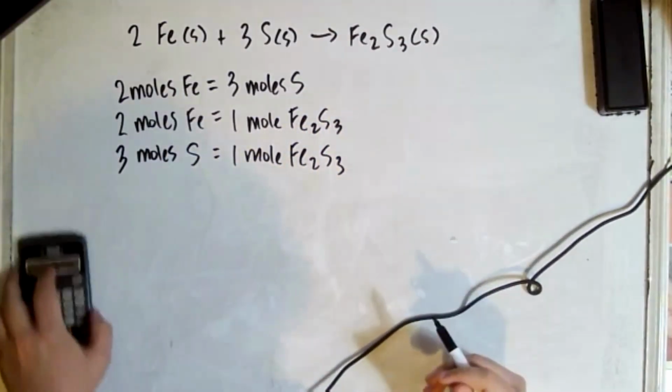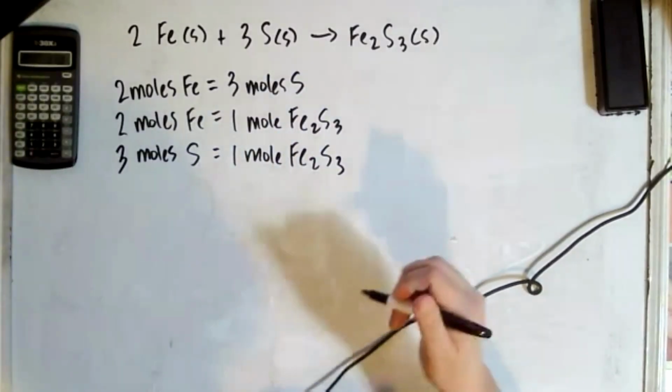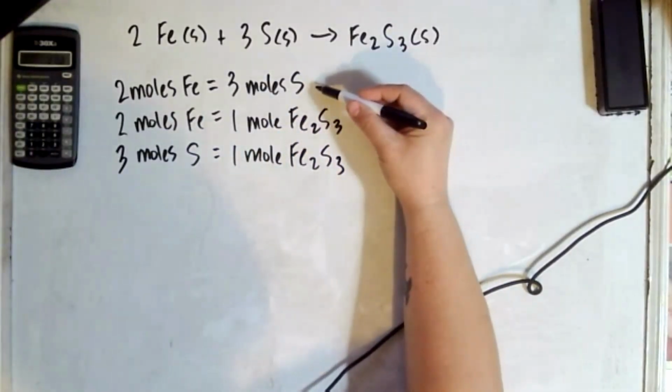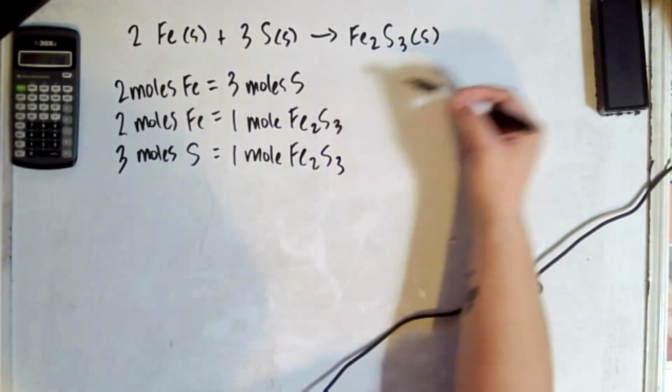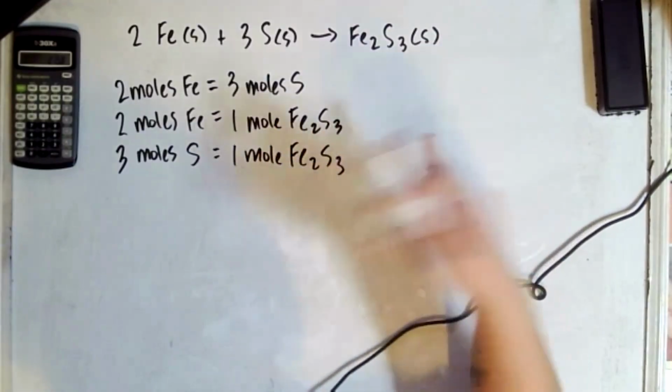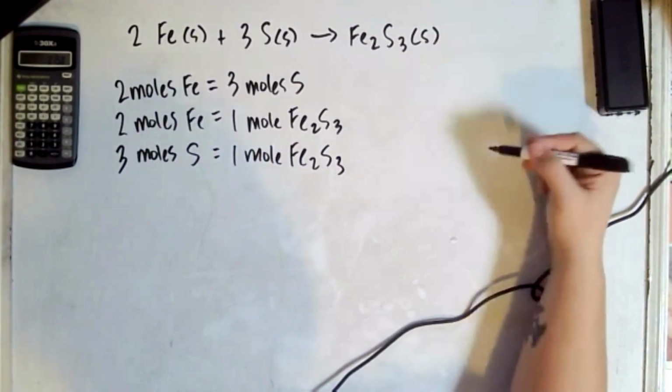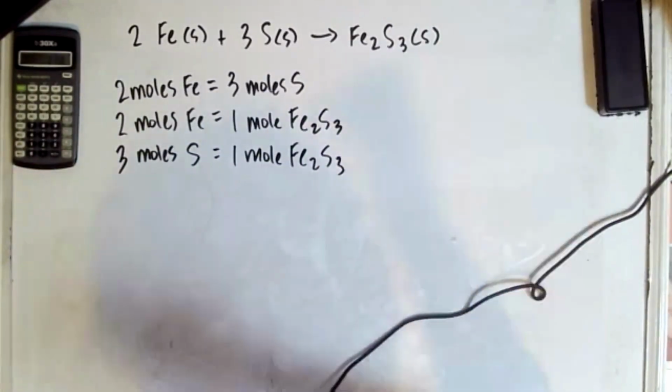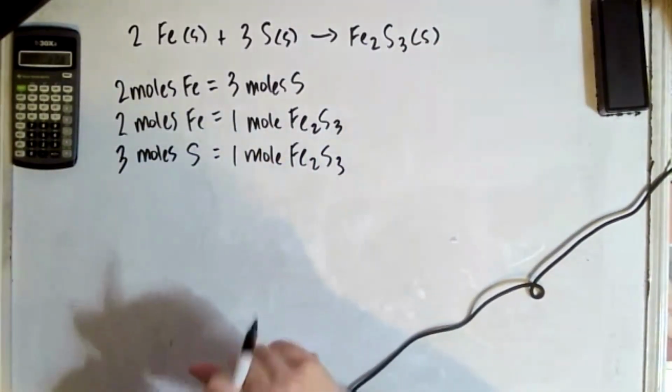And these equalities are where those conversion factors come from. Because then we can take these and set up our conversion factors with moles of Fe on the top and moles of sulfur on the bottom, or we can switch it, moles of sulfur on the top and moles of Fe on the bottom, depending on the question that we're being asked.